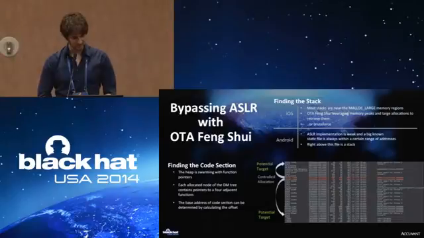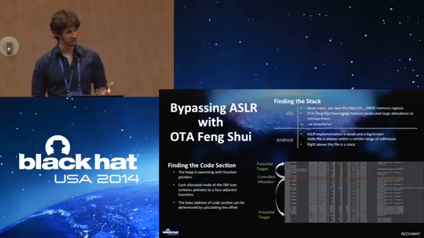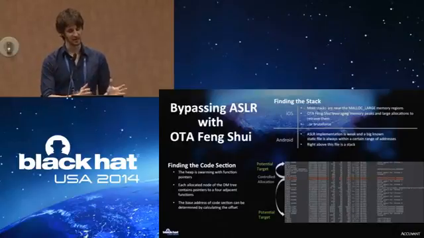So in this specific case, we found ways to find the stack easily. For example, on iOS, I already mentioned it, the malloc large region is allocated close to the stack. And there are ways to more or less do heap grooming. So more or less you send requests that are going to allocate massive regions.